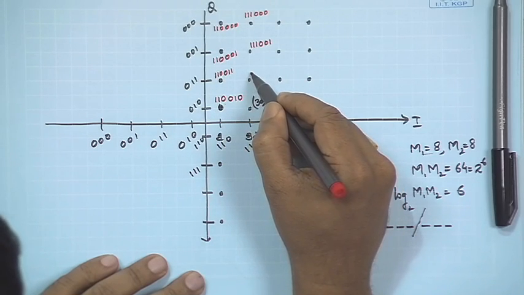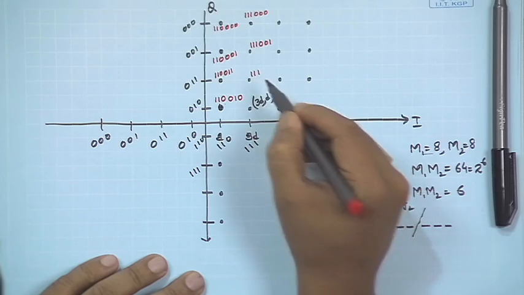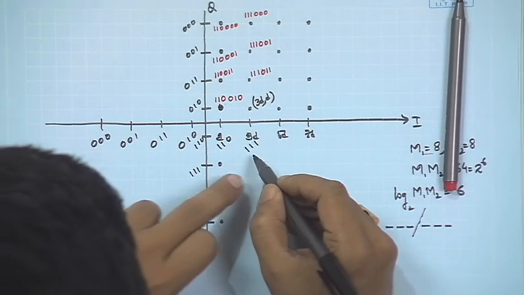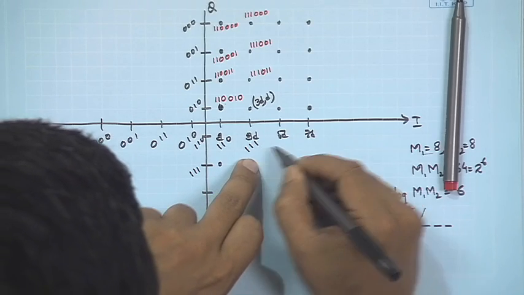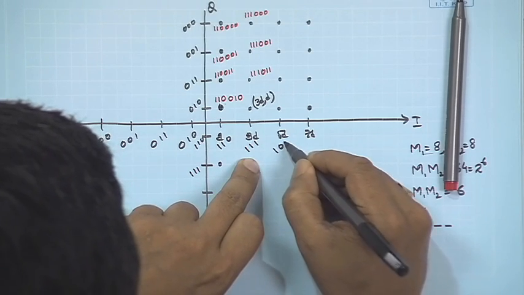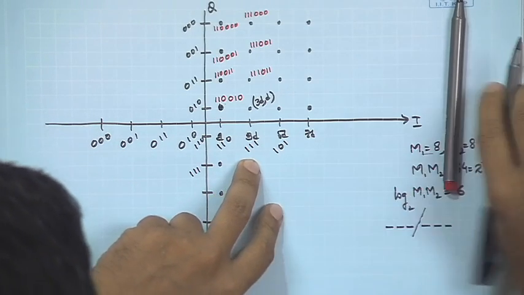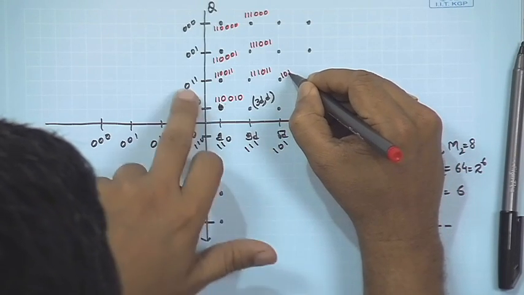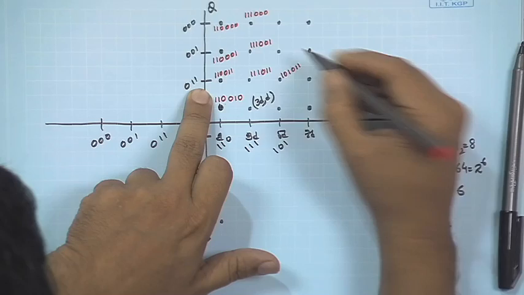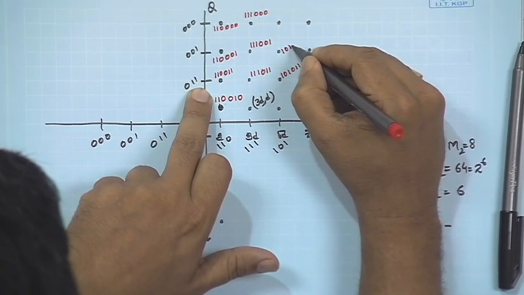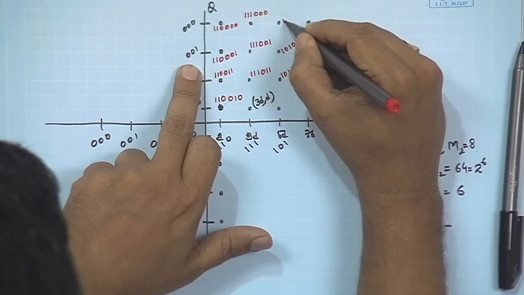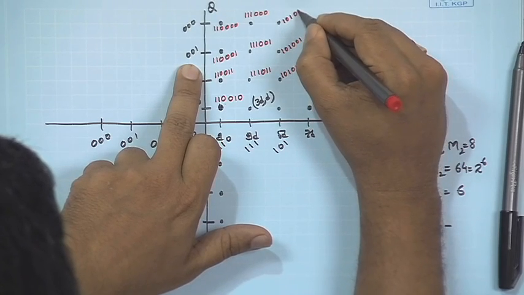This one would be 1 1 1 followed by 0 1 1, and then we could map this to 1 0 1 and so on. If it is 1 0 1, we could map this as 1 0 1 followed by 0 1 1, 1 0 1 0 0 1, and so on.